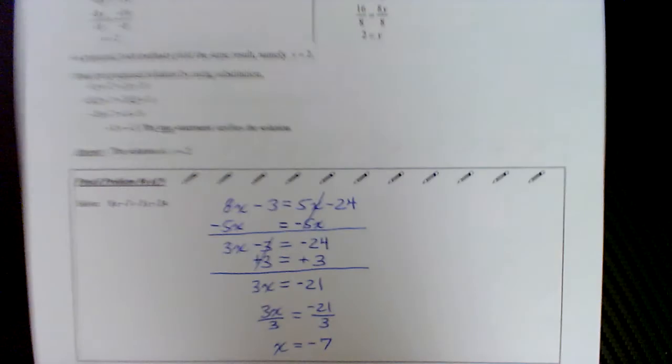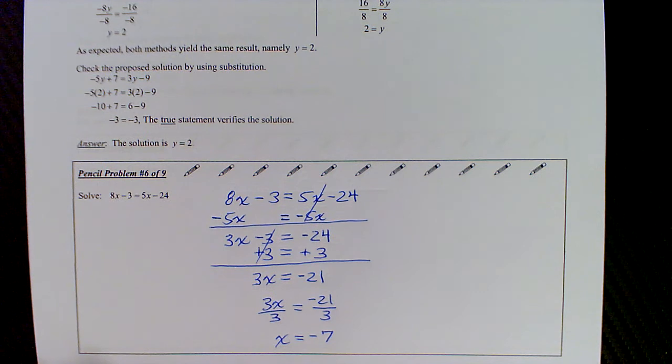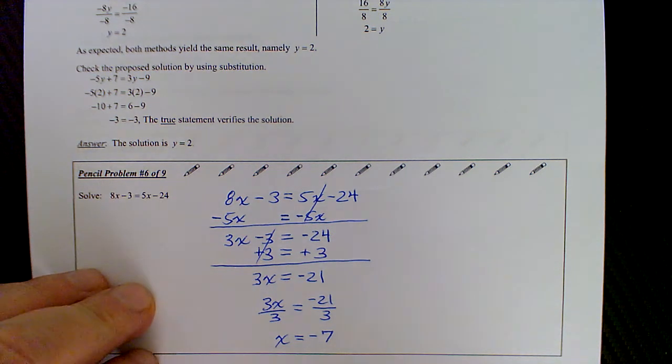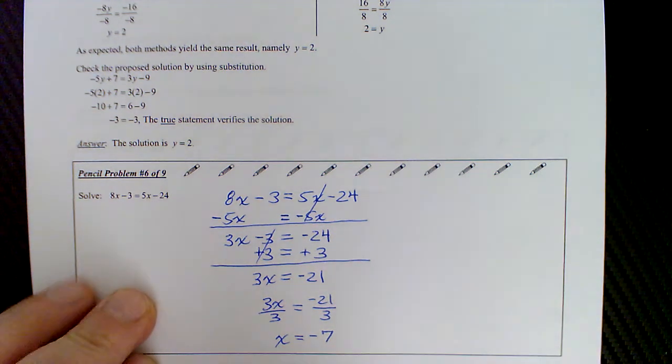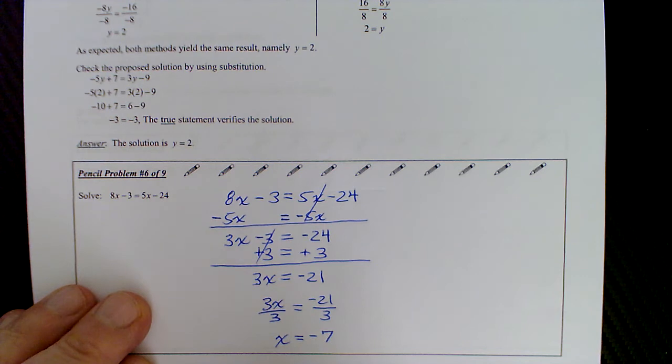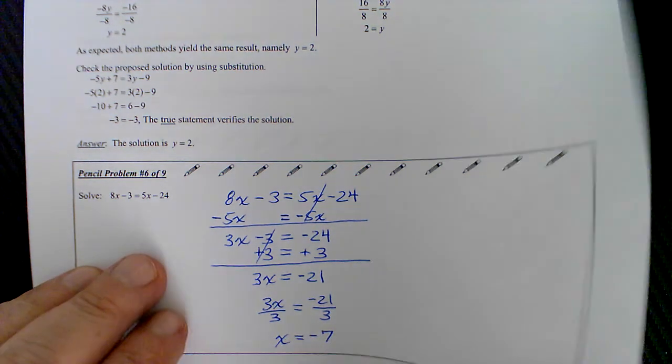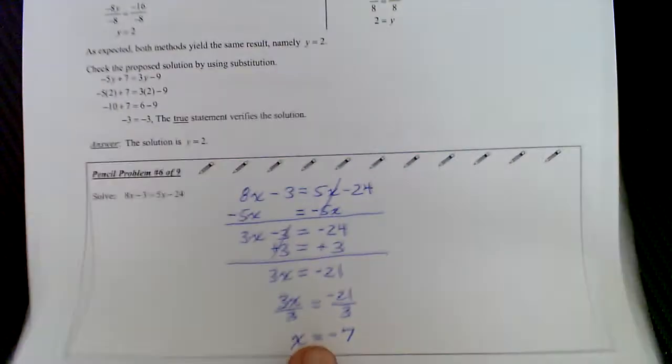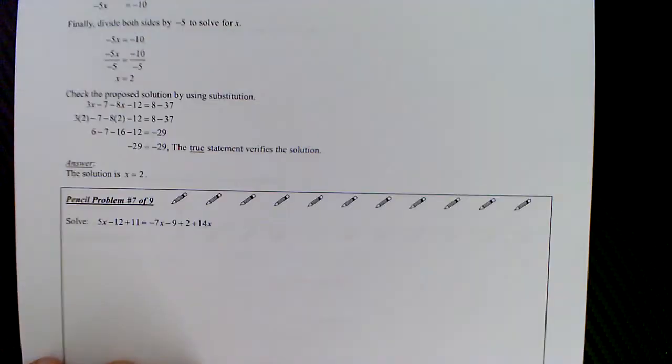Okay, so you'll notice that these are kind of like funnels, the way they work, the way the solution looks. I suggest you practice showing your work and doing only one step at a time.